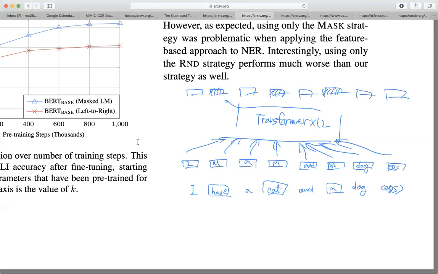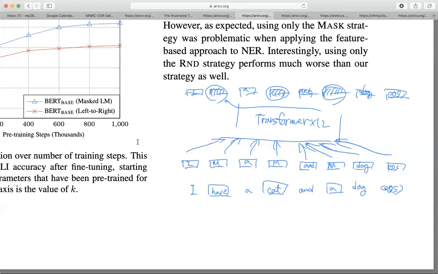Obviously this will be I, this will be A, this will be and, this will be dog, and this will be end of sentence. They'll not exactly be like that, because everything will be mixed and matched with self-attention inside, but they'll still relatively maintain their identity.